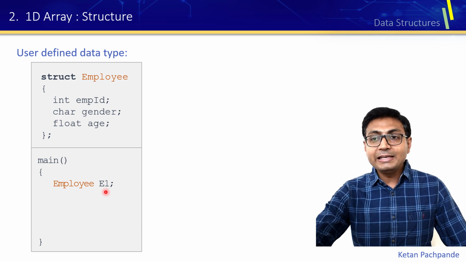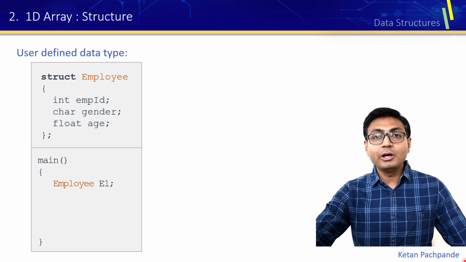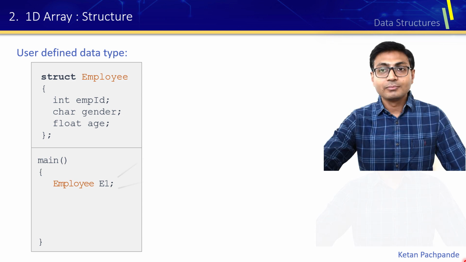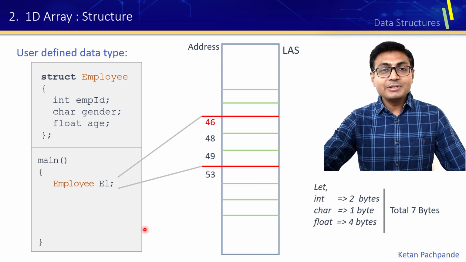When I say employee E1, let's look at how the memory is allocated for E1. Let me take this logical address space. When the program is executed, this is my address space, and somewhere in the logical address space, the memory for E1 will be allocated.